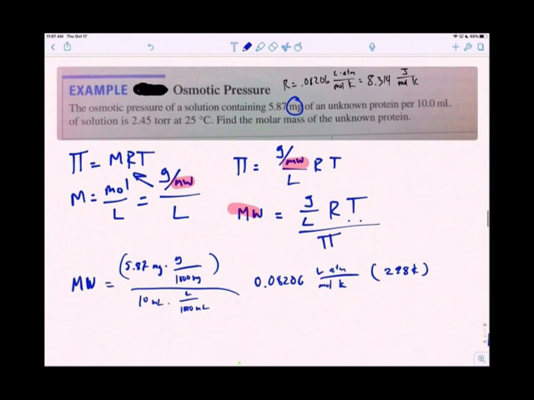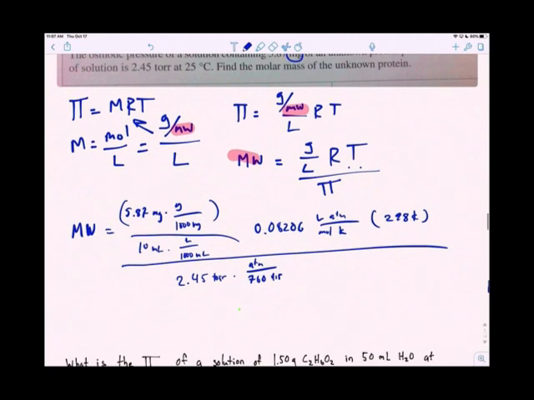And then over osmotic pressure, we have 2.45 torr times an atmosphere over 760 torr. So you have to throw that whole thing in your calculator, and in doing so, you get 4.45 times 10 to the third grams per mole.